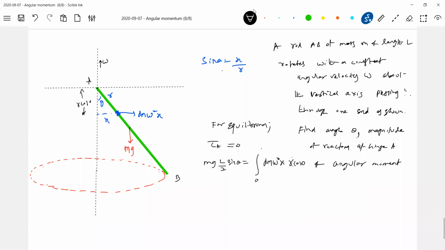What should be the limits? 0 to L. So mg L by 2 sin theta equals, dm you can write as mass per unit length lambda into dr, omega square, x as r sin theta, and this is r cos theta. One sin theta will get cancelled out, so cos theta will come outside: lambda omega square cos theta, and everything will be r square dr, 0 to L.